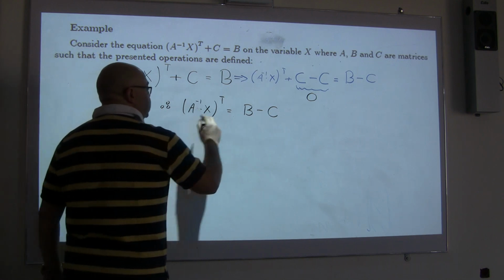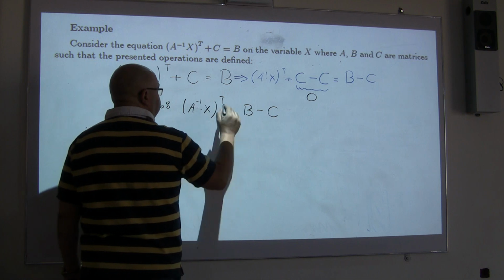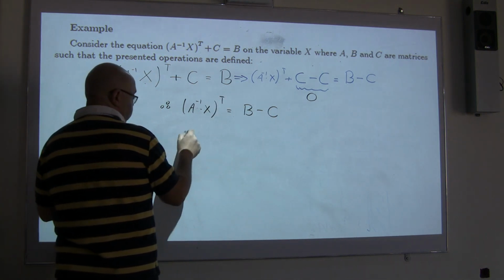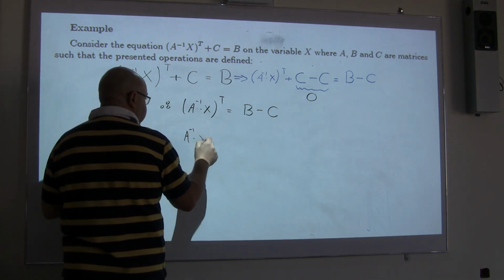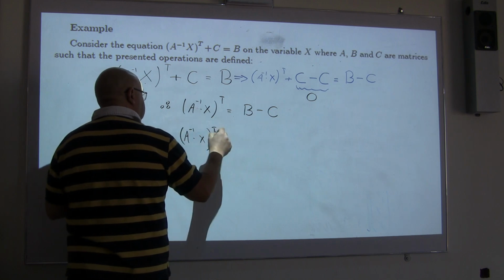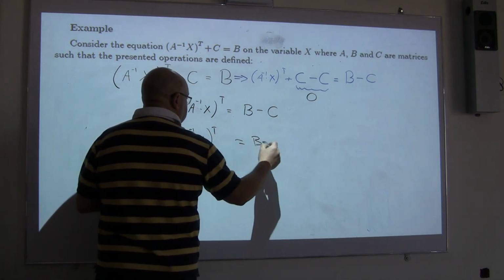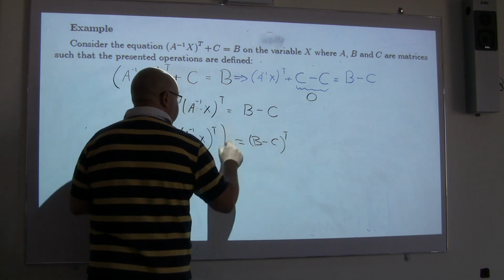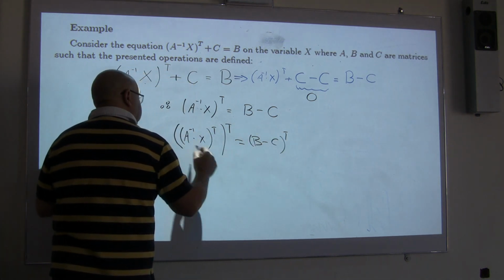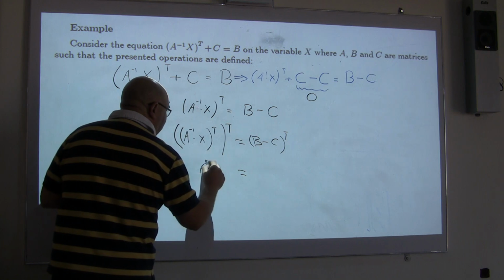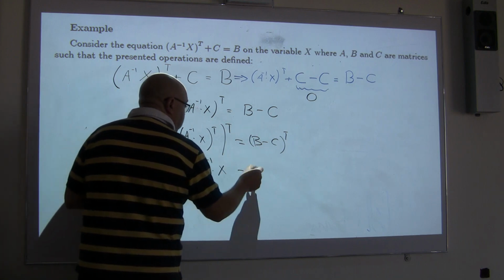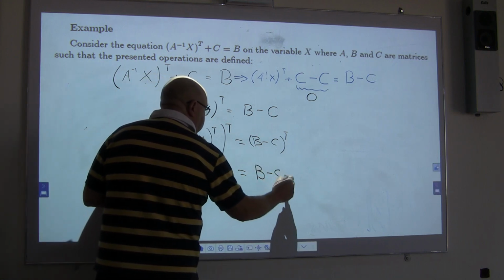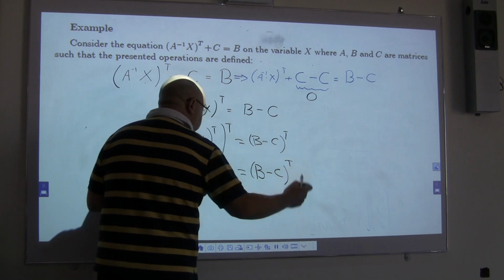So I will write it once more: (A minus 1 x) transpose equals (b minus c). I will take the transposition of both sides. That's the way it should be done. So I will have A minus 1 times x equal to (b minus c) transpose.